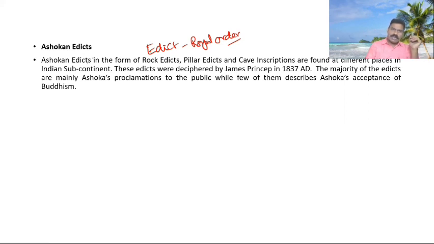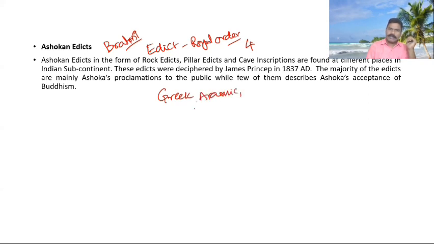In these edicts, Ashoka used a script called Brahmi script, almost throughout North India, but originally Ashoka used four scripts. These four scripts were Greek, Aramaic, Kharosthi, and Brahmi.